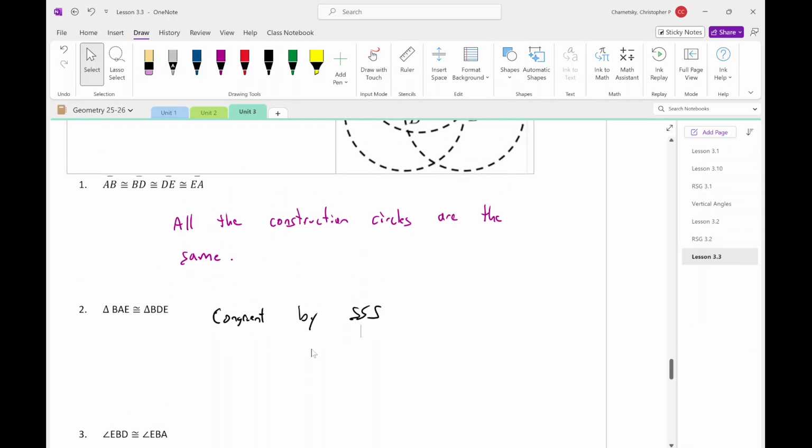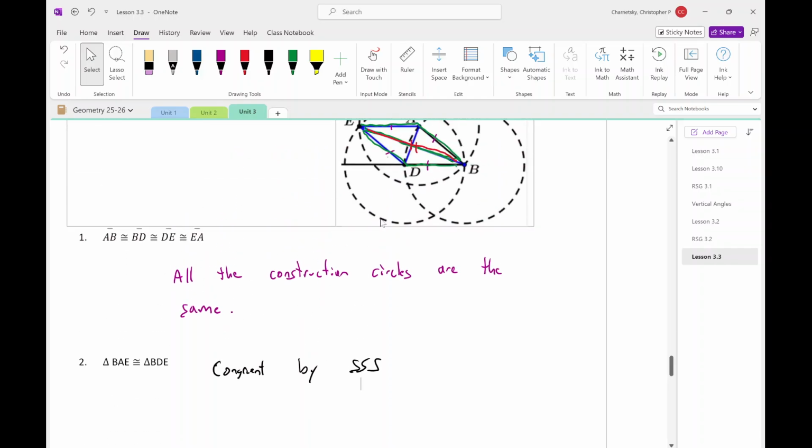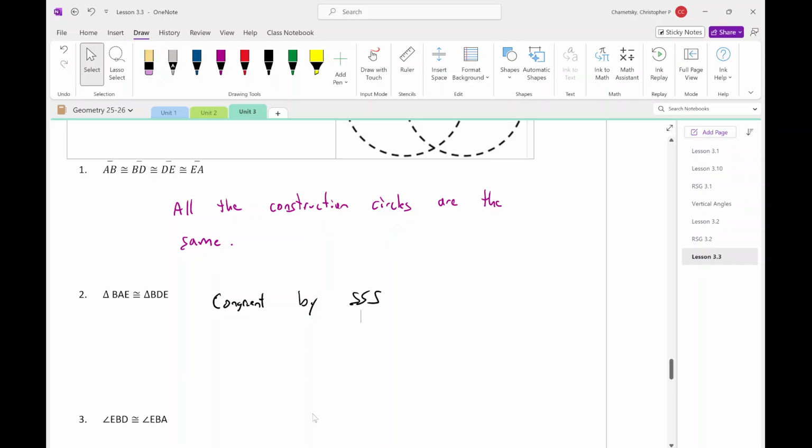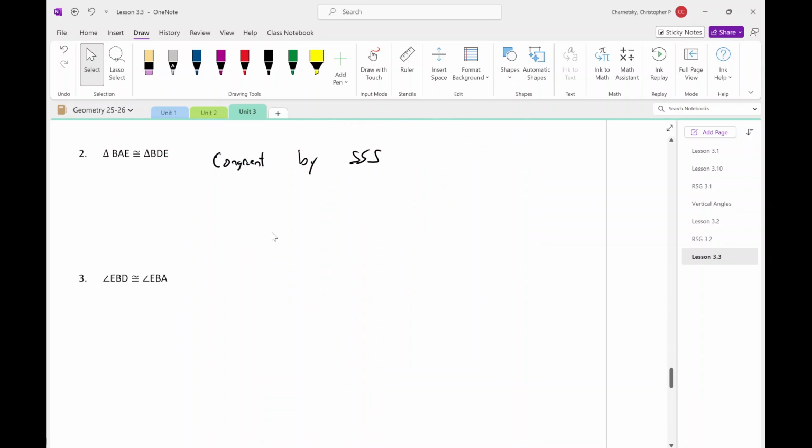And if those triangles are congruent, we can go back and say that any of the angles are congruent. So angle EBD is congruent to EBA. These two angles will have to be congruent because the triangles are congruent.